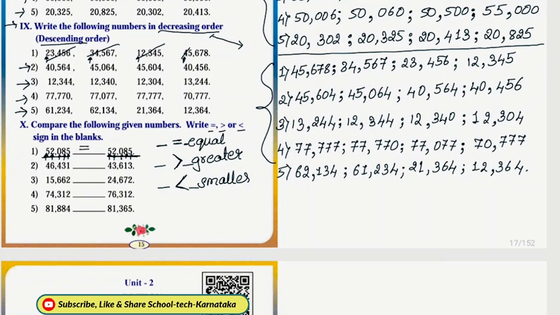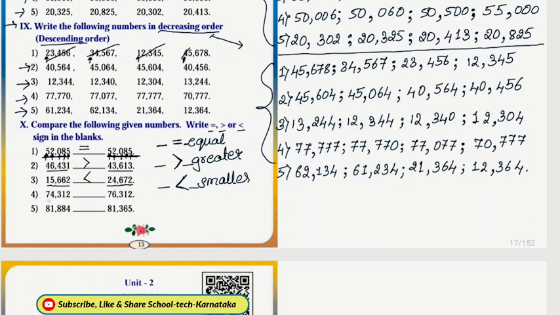Similarly, for the next given set of numbers, we have 46,431 and 46,613. So 46,431 is smaller than 46,613. And the next one is 15,662 and 24,672. 15,662 is smaller than 24,672.